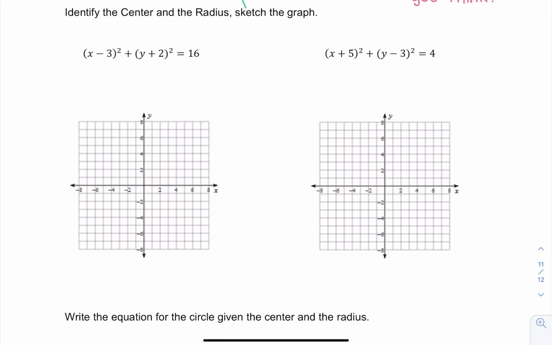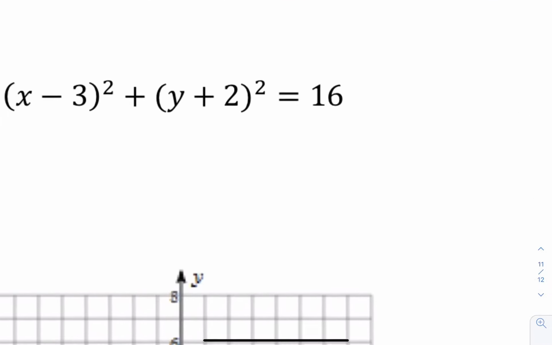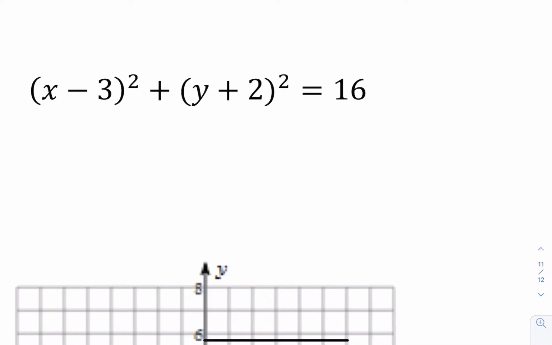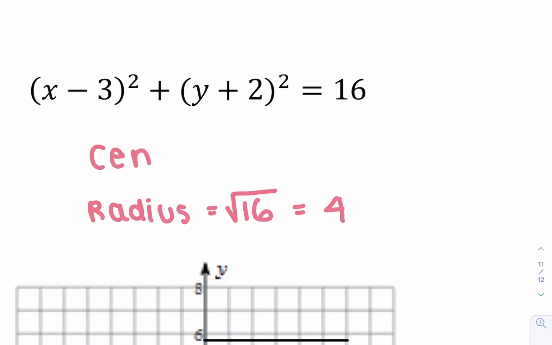This first problem tells you to identify the center and the radius, and then we're actually going to sketch the circle. So our radius is one of the easier ones to figure out. Our radius is going to be not 16, but the square root of 16, which is just 4. And now our center is that tricky part. It's always going to be opposite of what it looks like.